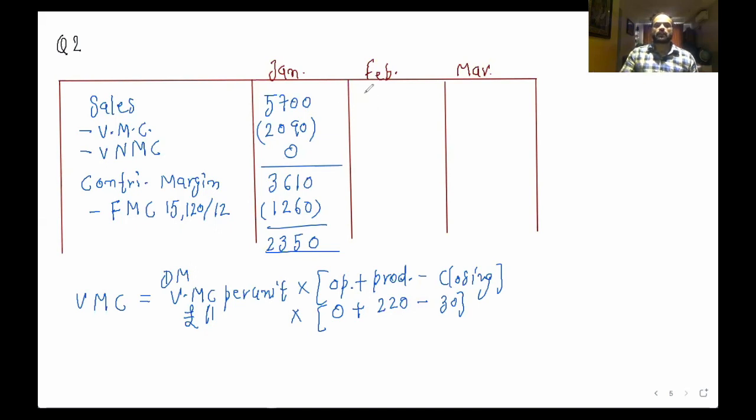How much is sales for the month of February? $3,600 minus variable manufacturing cost. So that was January. Now February. Same, that will be 11 pounds per unit multiplied by how much is opening?